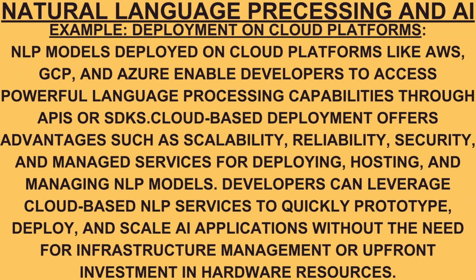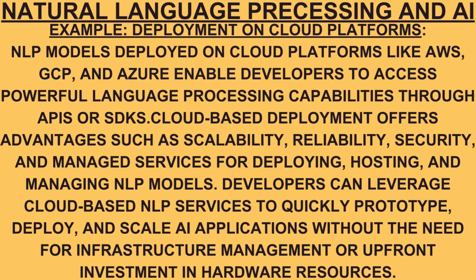Example, deployment on cloud platforms. Natural language processing models deployed on cloud platforms like AWS, GCP, and Azure enable developers to access powerful language processing capabilities through APIs or SDKs.